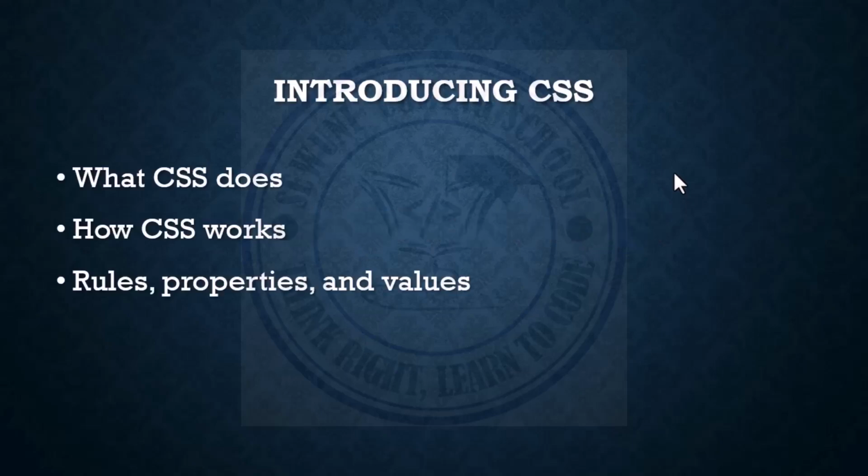Now under CSS, we are going to look at what CSS does, how it works when it is applied to HTML, and the various rules, properties, and values that CSS has.